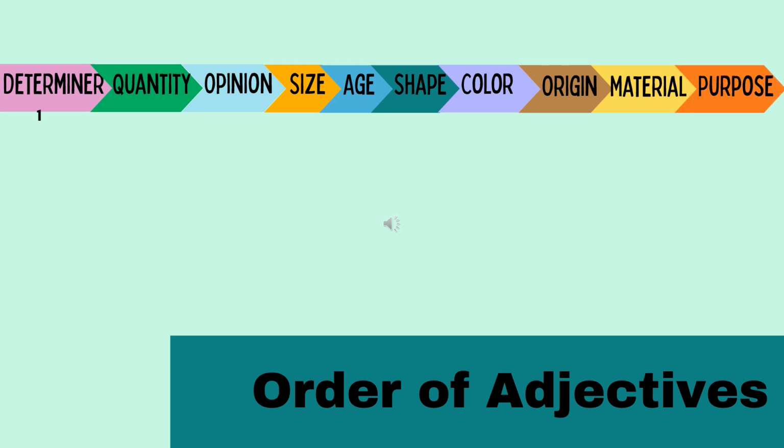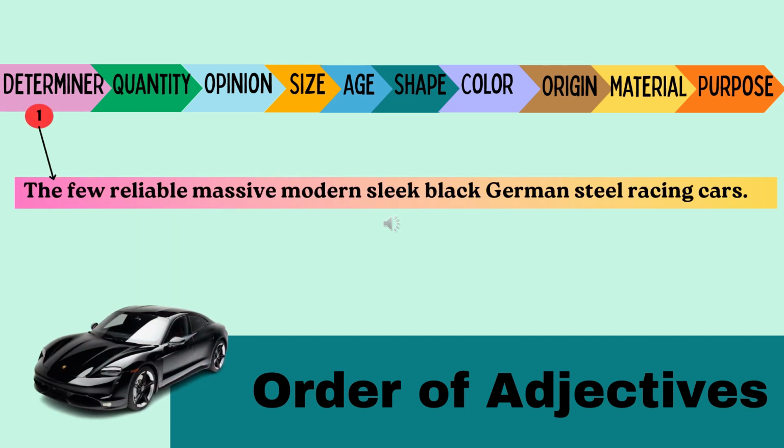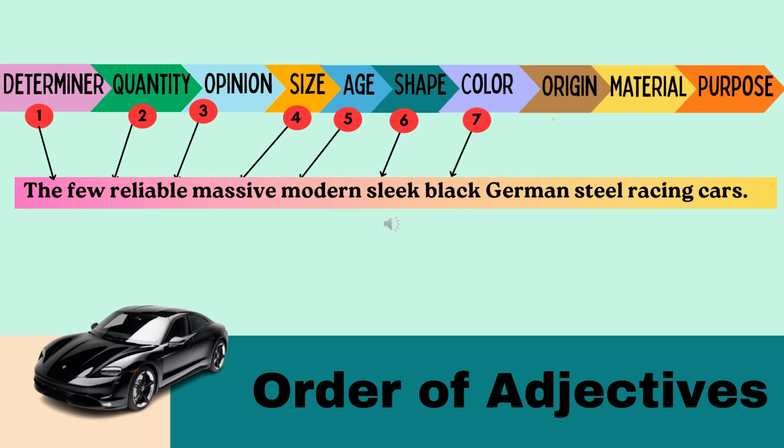Let's apply this order to our examples. Determiner, the. Quantity, few. Opinion, reliable. Size, massive. Age, modern. Shape, sleek. Color, black. Origin, German. Material, steel. Purpose, racing.